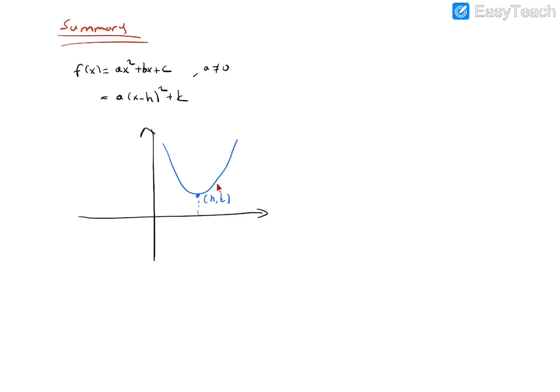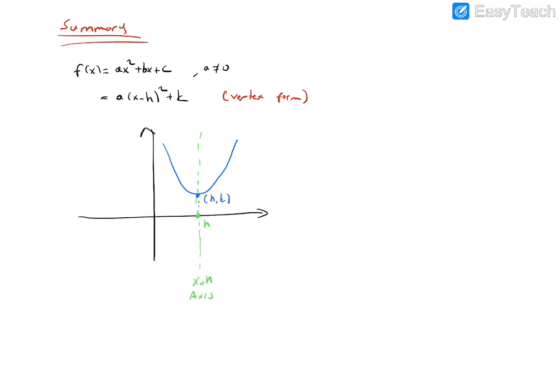This h and this k. Because of this reason, this is called the vertex form. And x equals h, this point is the h. So x equals h is the symmetry axis.